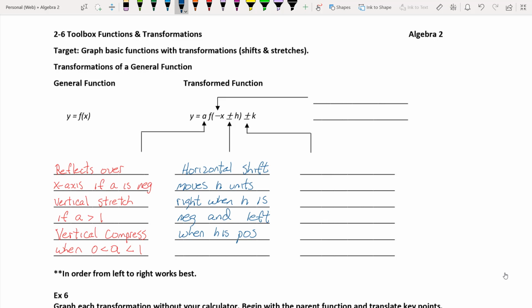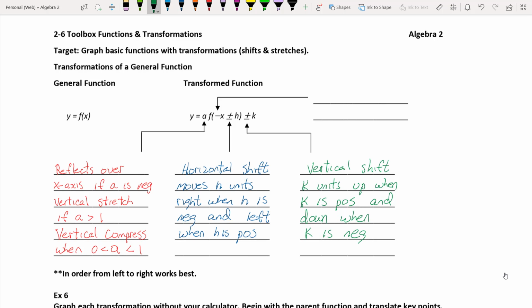Then we had a plus minus k out at the end. This was our vertical shift. We had k units up when k is positive and down when k is negative.